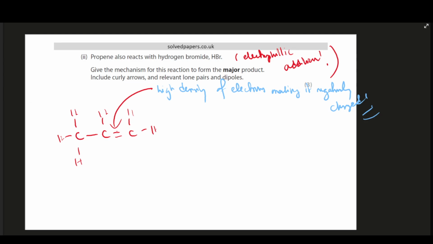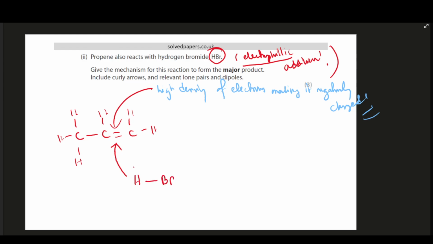So since it is negatively charged, whenever the nucleophile comes to attack it, now we know who is the electrophile here. HBr. Why am I saying electrophile? Because it's electrophilic addition, so it's going to act as an electrophile.